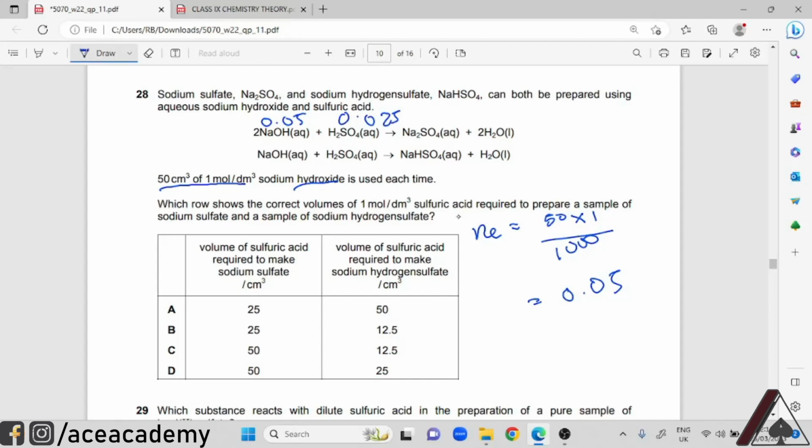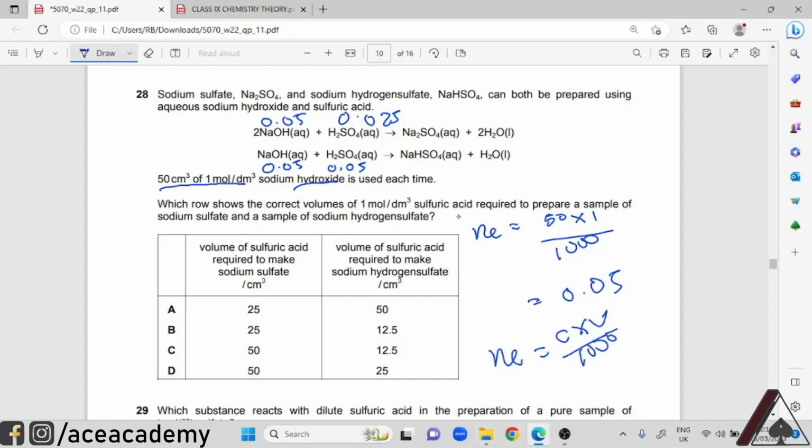And for equation 2 we have the moles for sodium hydroxide as 0.05 and the moles for sulfuric acid is also 0.05 because of the mole ratio of 1:1. As a result, if we look at the volume, we see that this is our equation.